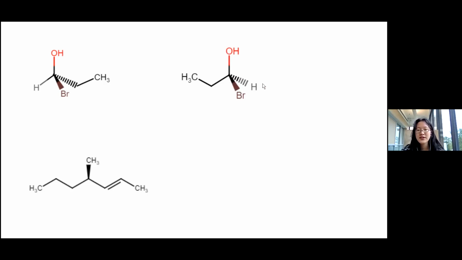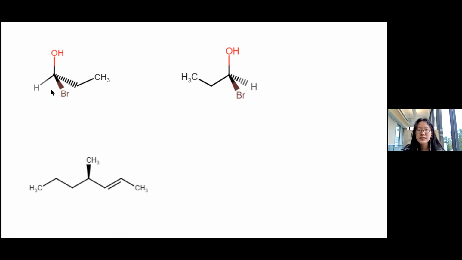So what is the stereochemistry of this molecule? Once again, it's bromine, oxygen, carbon. Right, so this one is going to be S. So if this one is S, what is this one?